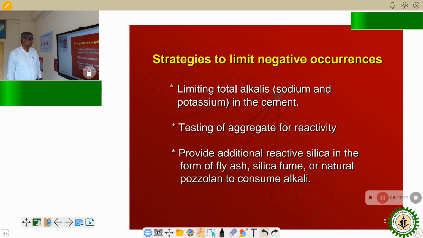And of course, some kind of reactive silica in the form of fly ash or silica fume, a lot of reactive silica is there. You can add it, and in this way you can consume the alkali, which is the basic understanding while manufacturing Portland pozzolana cement or fly ash based cement or Portland slag cement.